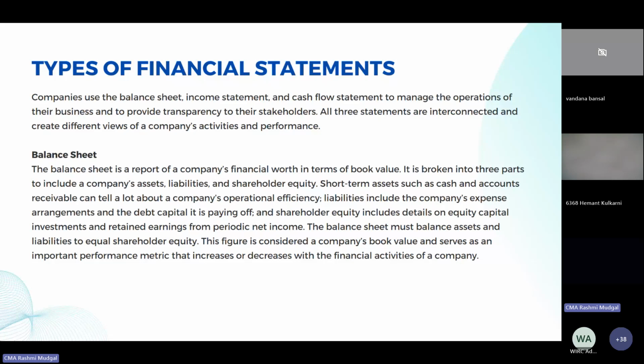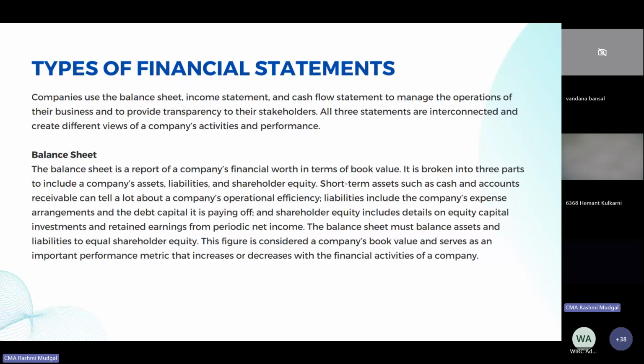Short-term assets such as cash and accounts receivable can tell a lot about the company's operating efficiency. If I have good cash or debtors, it means I have good sales and I have the capacity to meet any expenses which may occur.